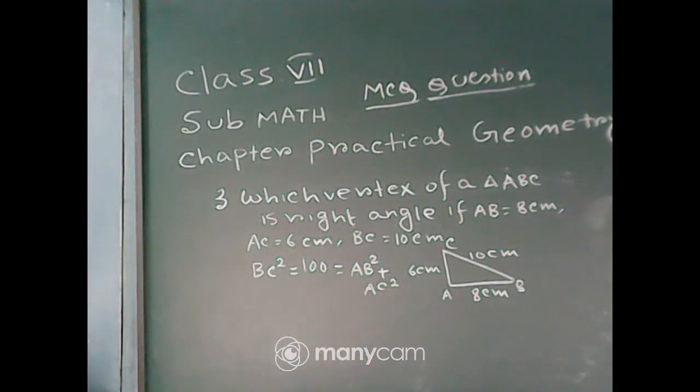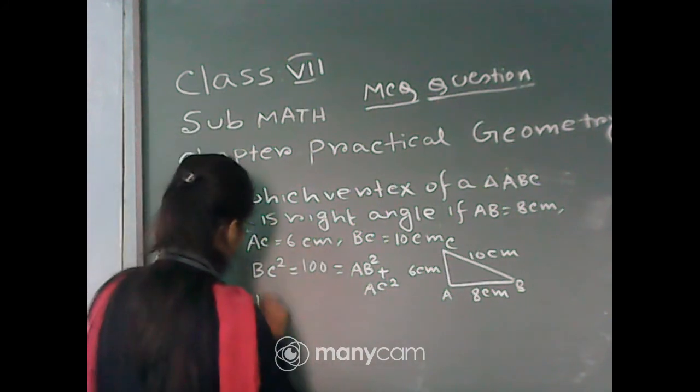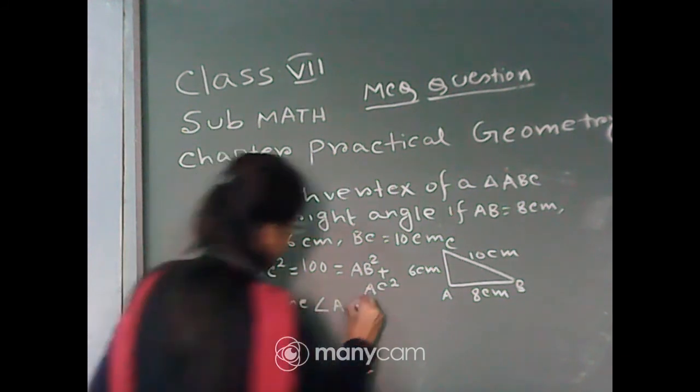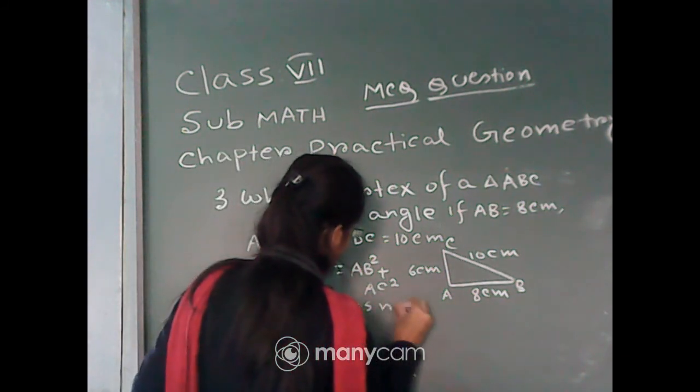Therefore, from Pythagoras theorem, ABC is a right-angled triangle, and from the given measurements BC is the hypotenuse and the angle opposite to BC, that is angle A, is right angle. So here angle A is right angle.